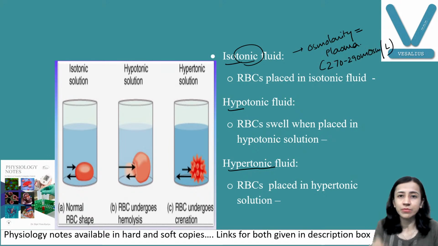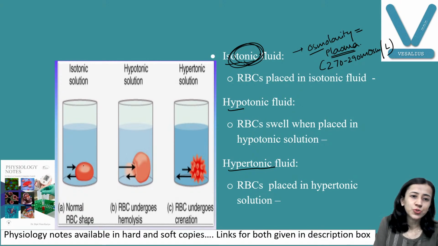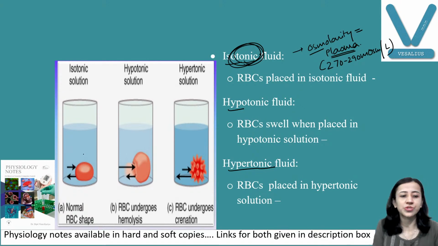If you are taking some solution which has osmolarity equal to plasma, that is known as isotonic. Suppose we place RBC in the isotonic solution, there is no osmosis, so RBCs are normal.